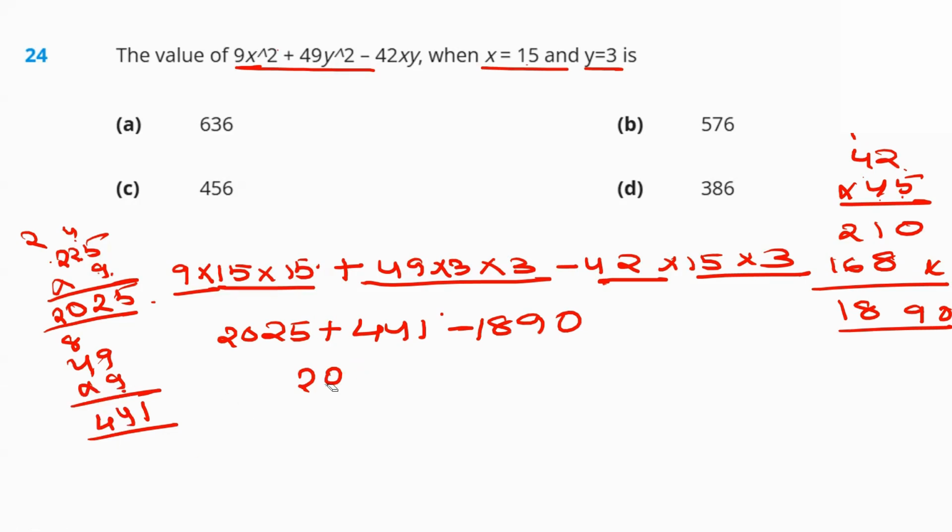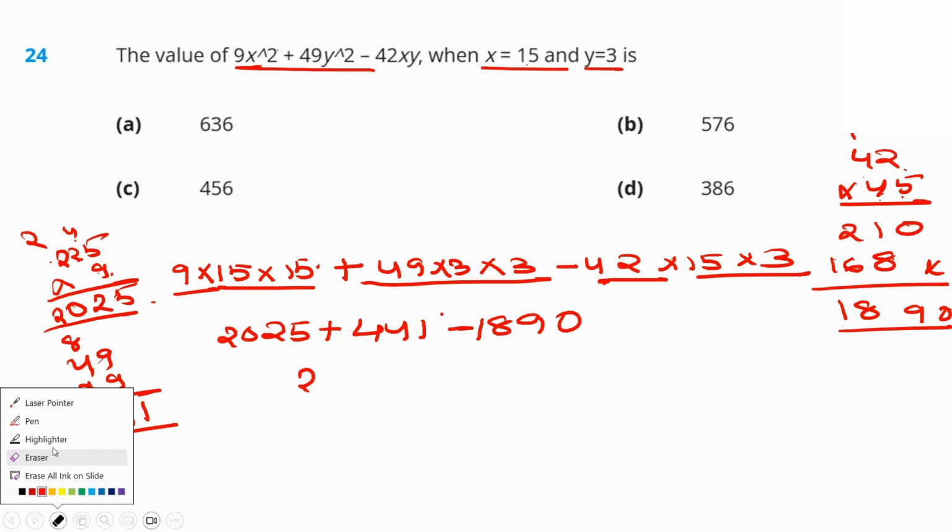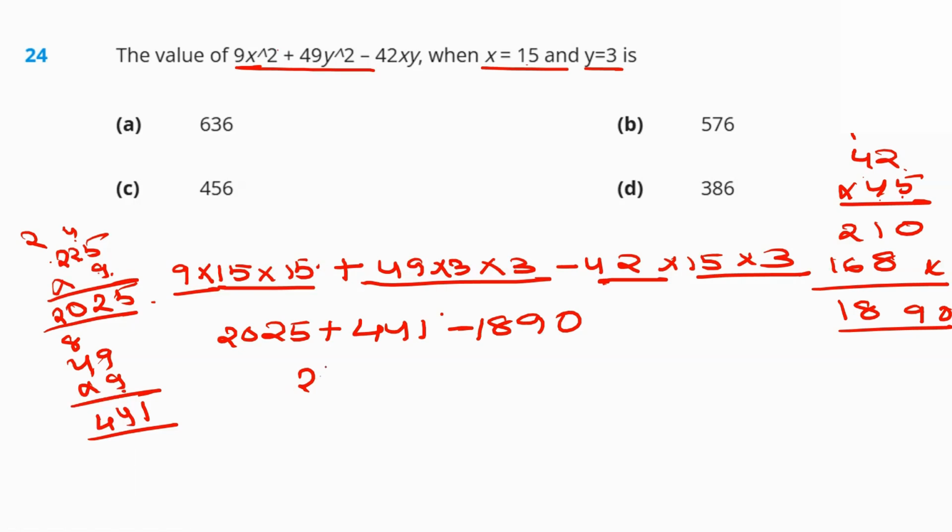Then 2,466 minus 1,890 gives 576. That's the answer.